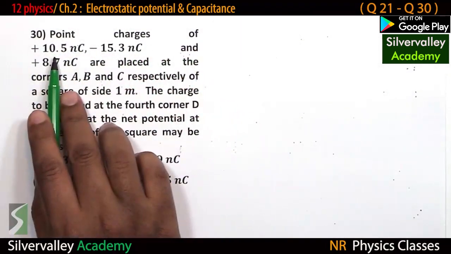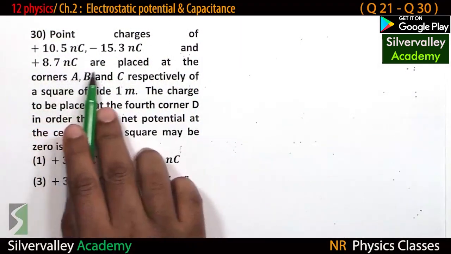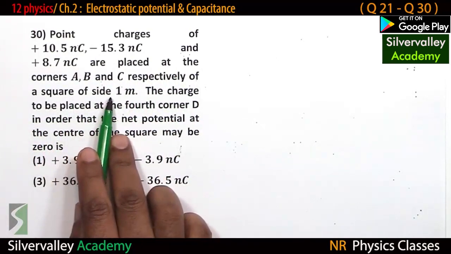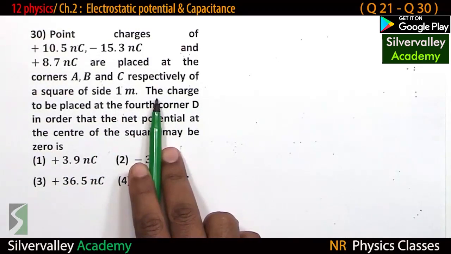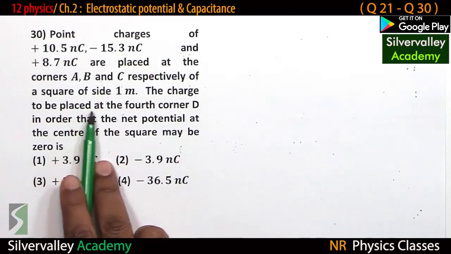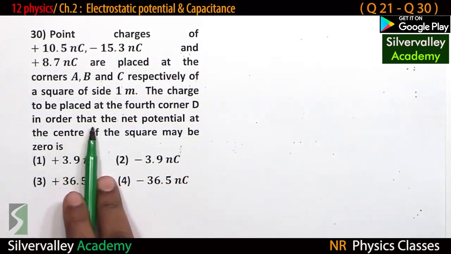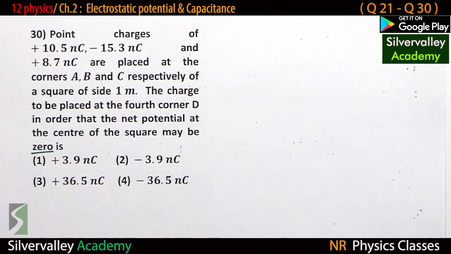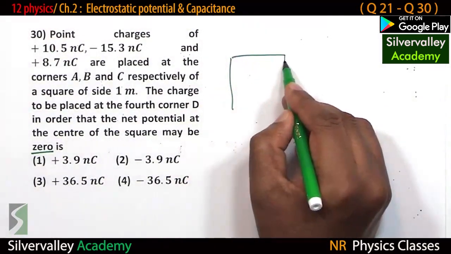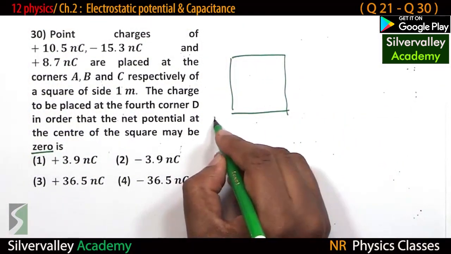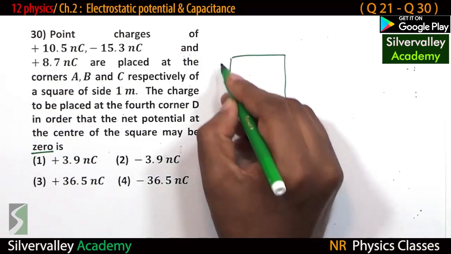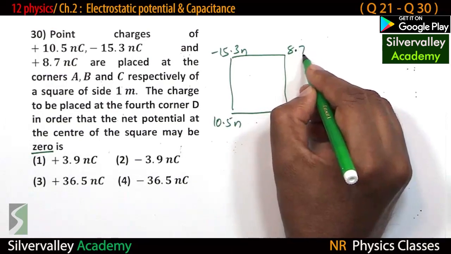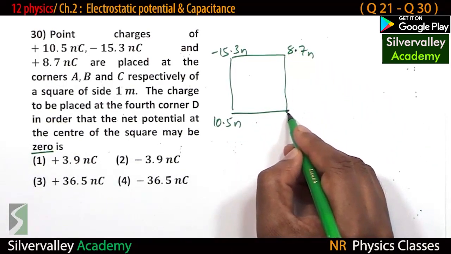Point charges of these 3 are placed at the corners A, B and C respectively of a square of side 1 meter. The charge to be placed at the 4th corner in order that the net potential at the center of the square may be 0 is... The charges are 10.5 nano, minus 15.3 nano, 8.7 nano, and this is the 4th charge.